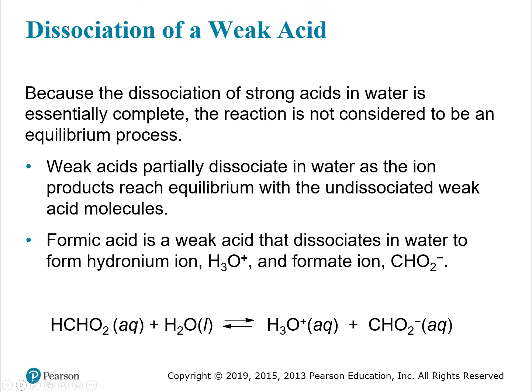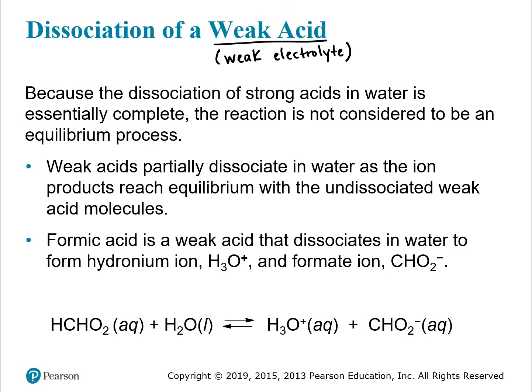So when you see dissociation of a weak acid, what you should be thinking in the back of your mind is a weak electrolyte. Everything that applies to a weak electrolyte that we talked about in chapter 9 applies to a weak acid.